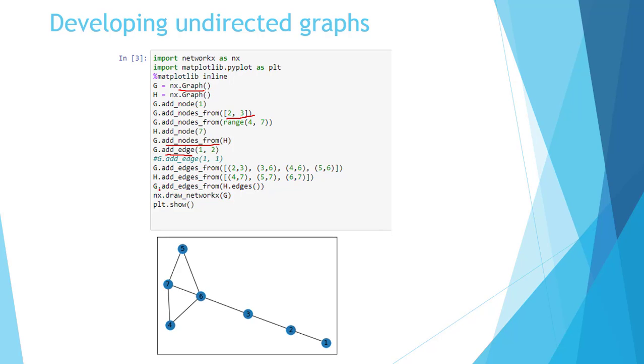And then we have also added the edges of graph H to graph G using the add_edges_from method. And at last we have called the method nx.draw and passed the graph G to that function. And at last we have called the plt.show. So in this way we can develop the undirected graph using networkx and matplotlib.